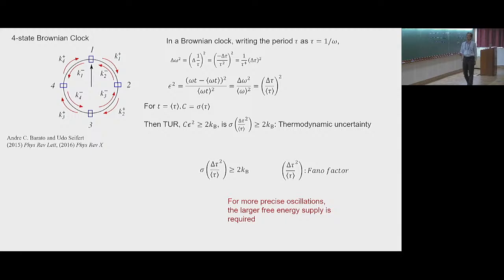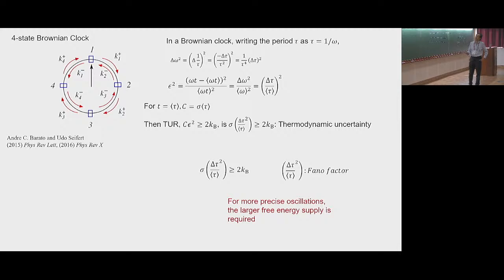Anyway, this can represent molecular motor cycles or oscillation system cycles, so it has some relevance to our KaiABC system. In this case, the dispersion of the frequency is written by the dispersion of the period like this.